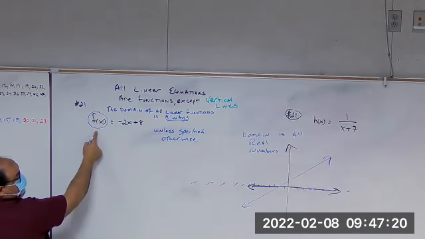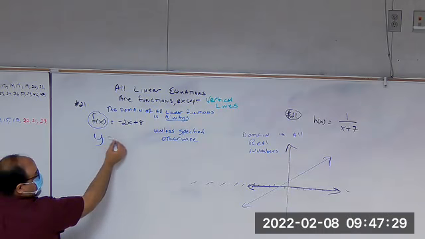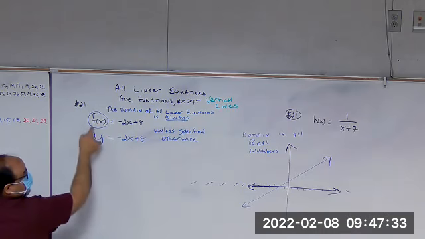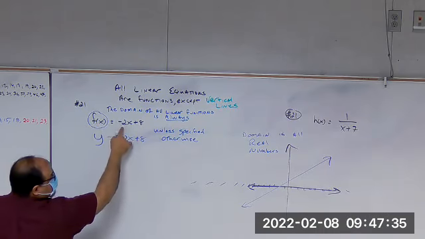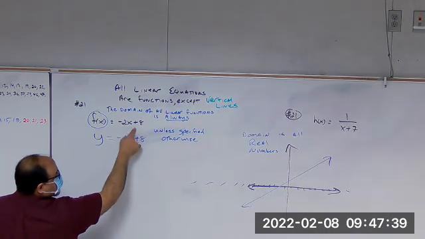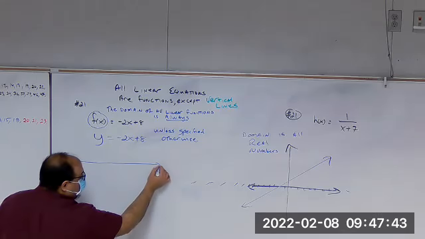F of x is replacing who? What would be here instead of an f of x? A y. It's the same as having a y equals negative 2x plus 8. That's why we know that this is linear, because that's just an x to the first. It's going to be a line. So it's a line. The domain is all real numbers.